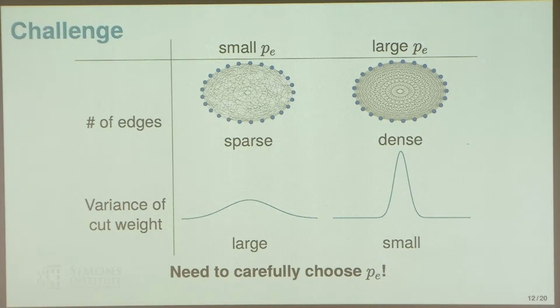But on the other hand, if there is a complete-graph-like component in the graph, then all the cuts crossing that component have high cut value. So you don't need to keep all the edges in the clique. Basically, you can get a sparsifier with fewer edges there. So we need to carefully choose the sampling probability.